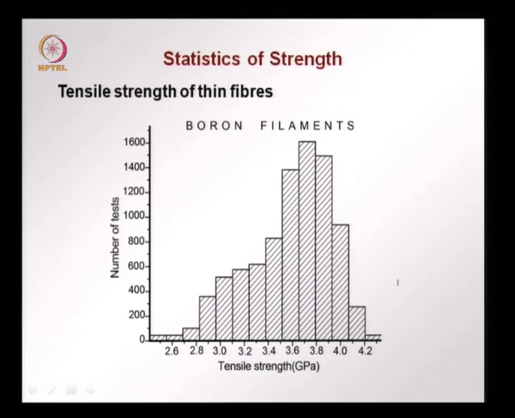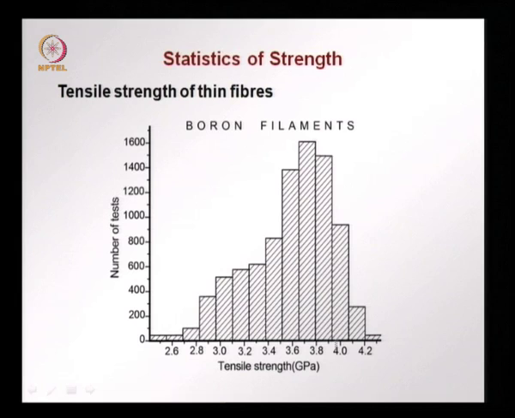This is the test data from boron filaments under tension, and we find that there is a variation of the strength that we get. This is the number of tests, and we find that a lot of tests fail in this region, but there are also a lot of specimens which fail at lower tensile strengths. Some fail at a higher tensile strength. So, there is a certain probability that the strength is at least 3 gigapascal, and this probability is quite high.